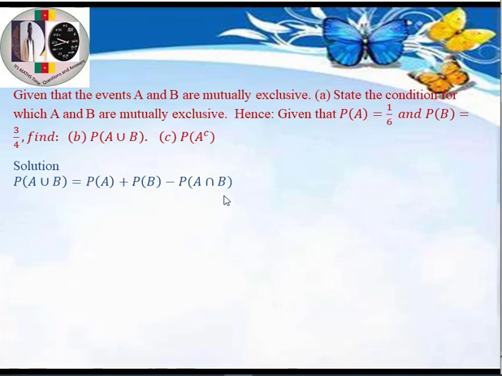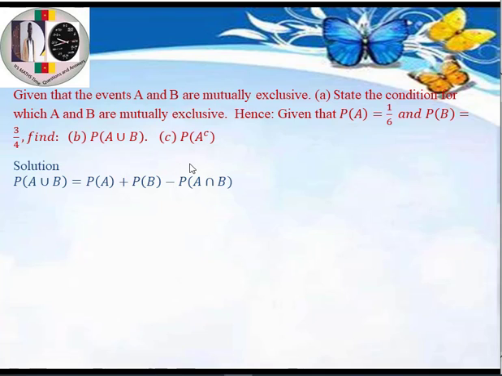So the probability of A union B equals the probability of A plus the probability of B, because they cannot have a common outcome, meaning they are disjoint sets.